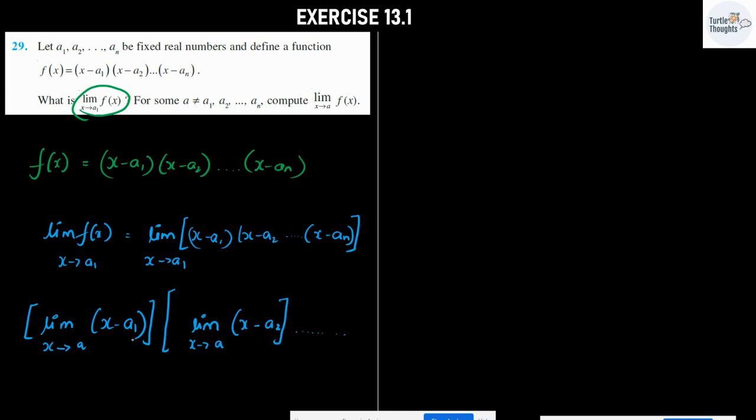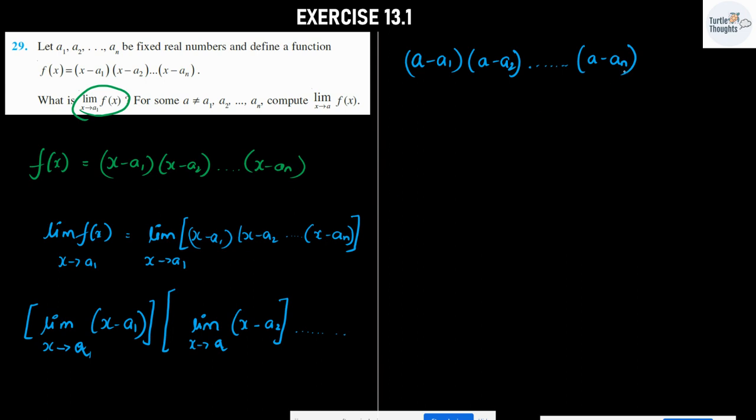Now, when I substitute the value in place of this, what do you think I'll be getting over here? Will I be getting the value of x as a1, or let me take this as a itself as of now. When I do that, I will be getting a minus a1 multiplied by a minus a2 ... a minus an.